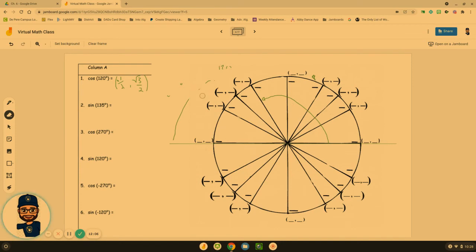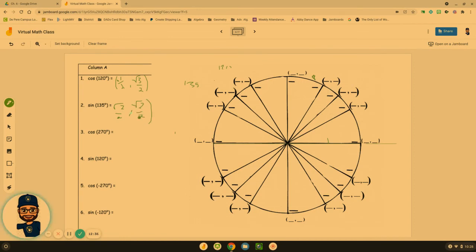All right. Sine of 135. So again, we go all the way to 90, and then we're going 45 more. So that 135 sits right here. I know, again, that anything that is 45 or a multiple of 45 has to be square root of 2 over 2. Sorry, this is kind of sloppy.